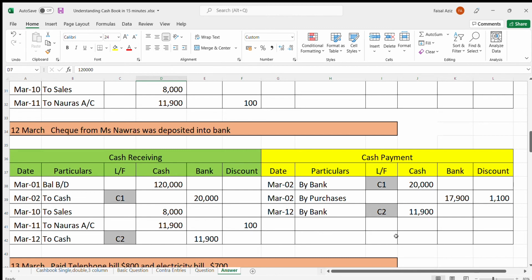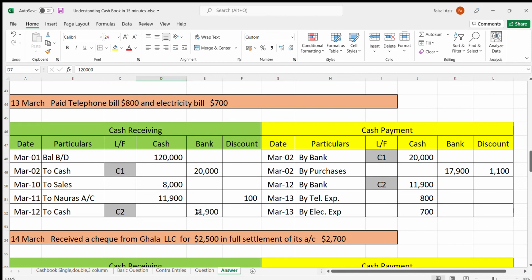One thing you might have noticed is that I have mentioned the first contra entry as C1, and since I got the second contra entry, I put C2 just to keep my transactions in order. We need not mention numbers like C1 and C2. We can simply mention C, meaning contra, but I put numbers so that I could see the corresponding entry on the right side, as a good practice.